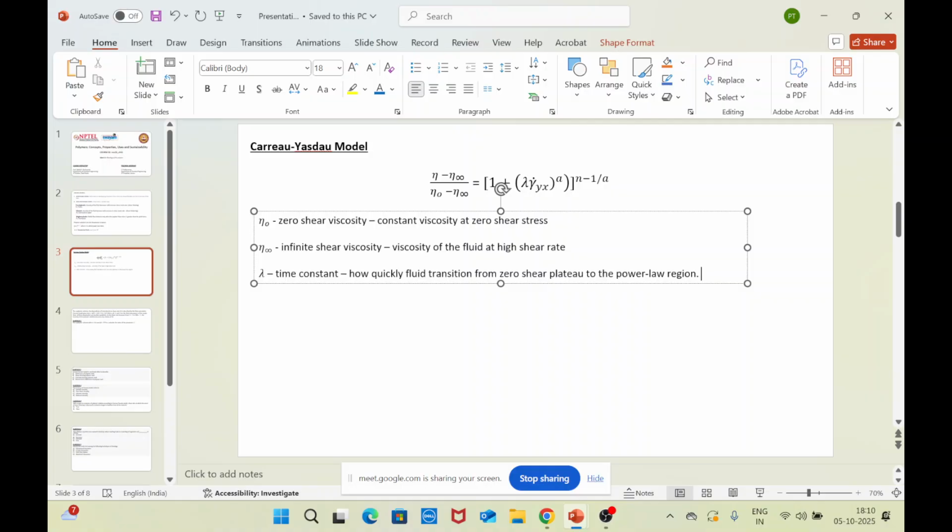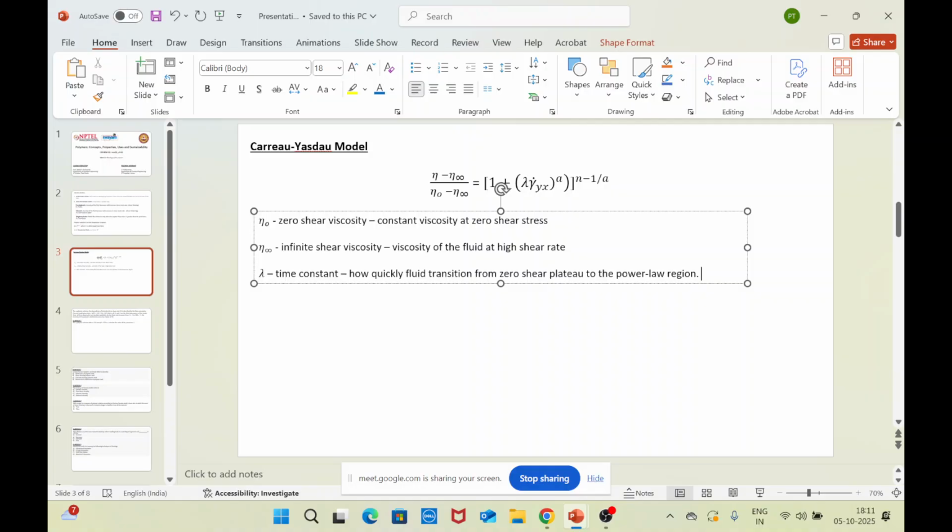In this case, if you see all these kinds of models that you have, they are usually derived from a certain model, and then certain conditions are imposed on them, and they are usually reduced to a simpler form.